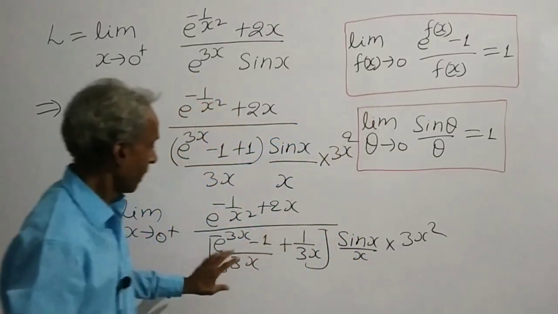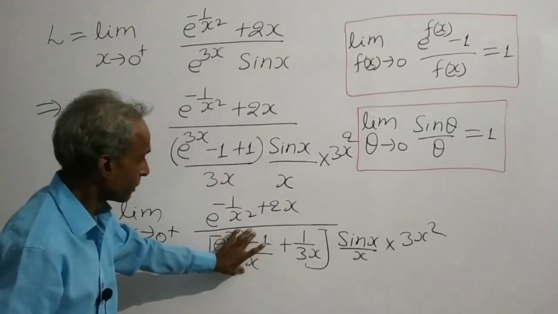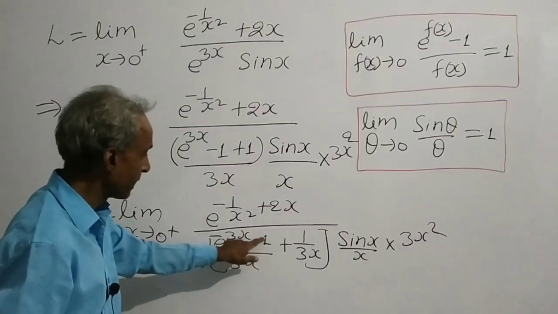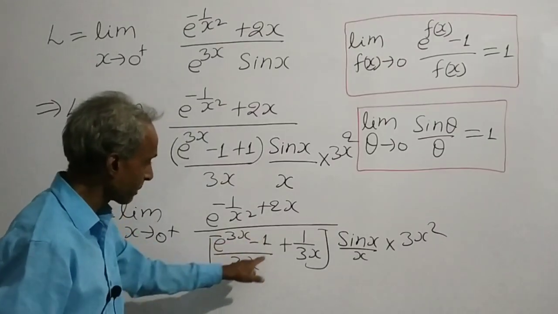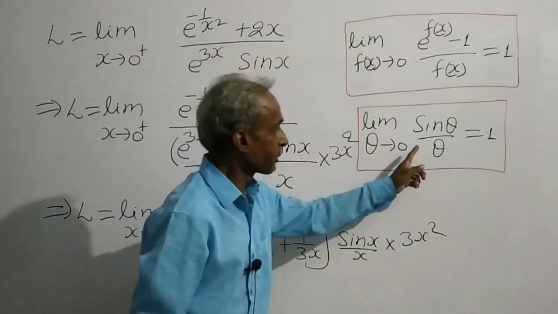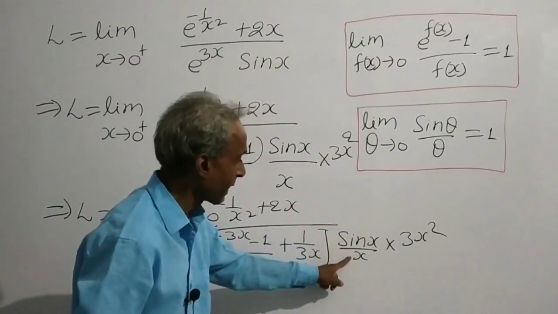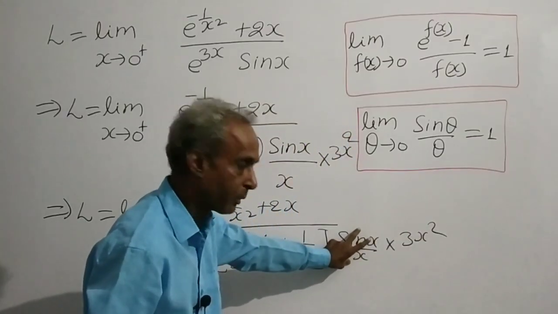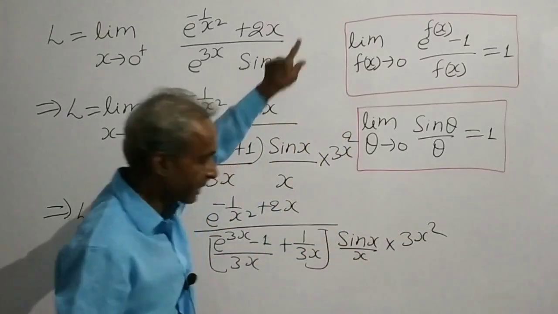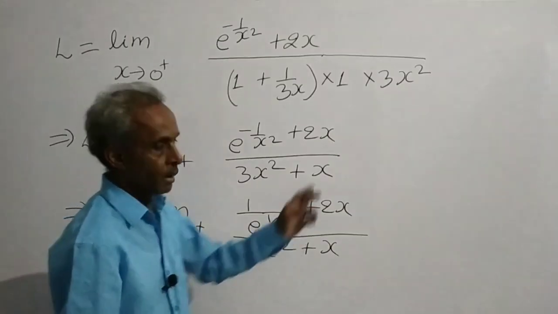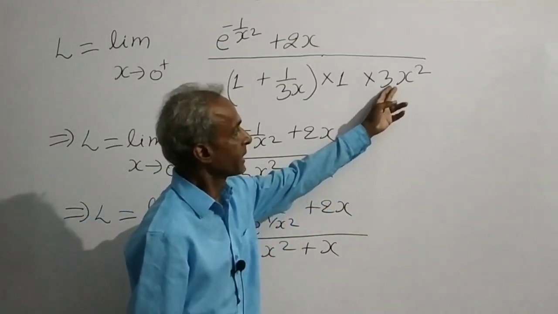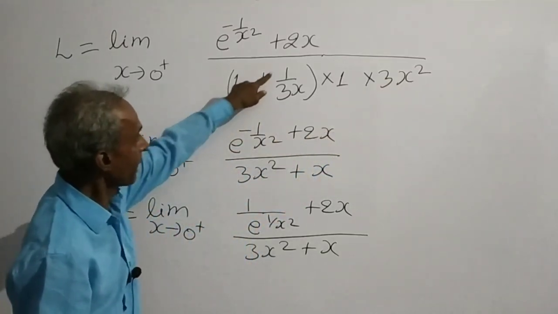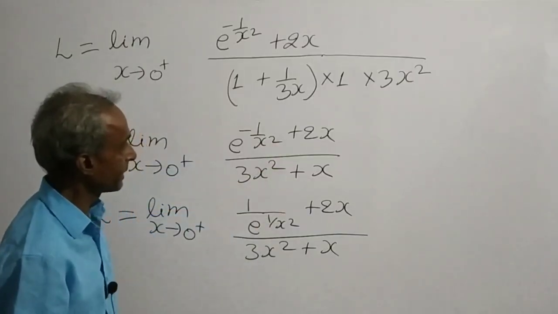Applying this formula, this will tend to 1. Therefore, in the next step, we will write 1 in place of this. After applying this formula, sin x by x will tend to 1. Therefore, we will write 1 here in the next step. Multiplying by this 3x square, this 1 and this 1 by 3x, we get this.